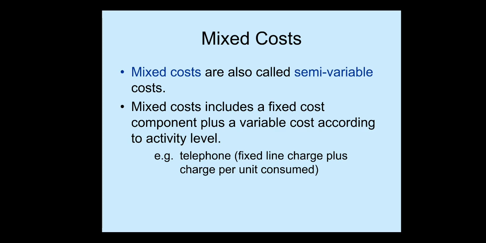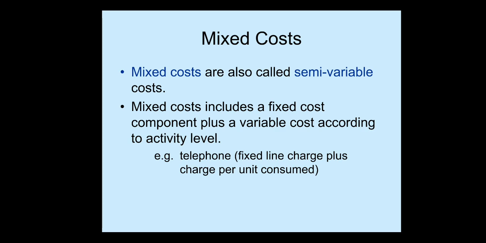I don't have a telephone line at home now, but many years ago, when I had a telephone line at home, the cost was like this. I had to pay a fixed amount, $20 every month. That is fixed. But whenever I called somebody using the telephone at home, I had to pay like 10 cents per minute. That is the variable component of the cost.